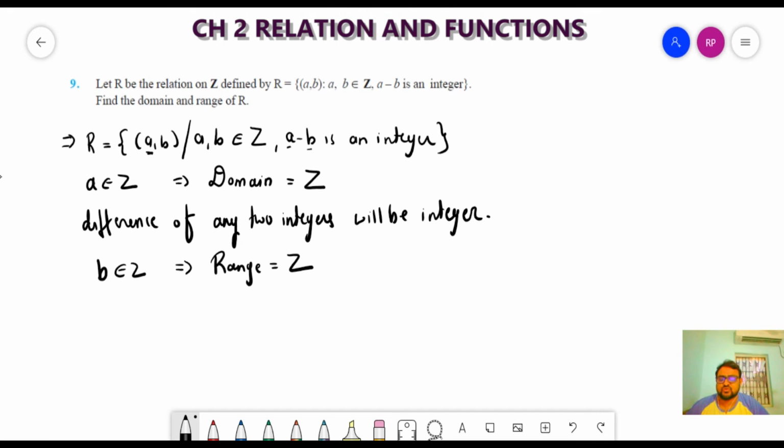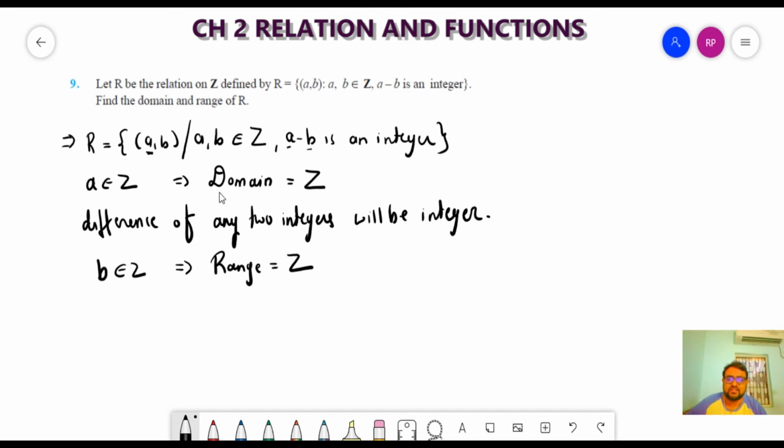So this was about question number 9. So just note it down. Because any integer a and any integer b we take, the difference will be an integer.